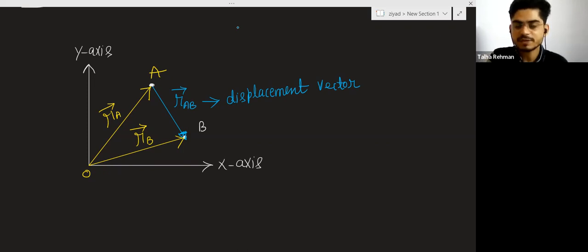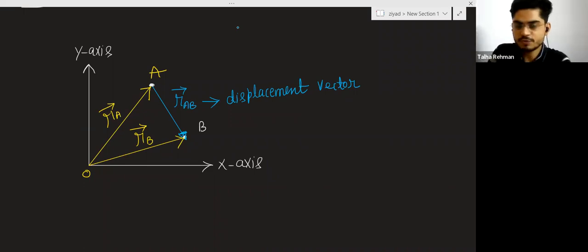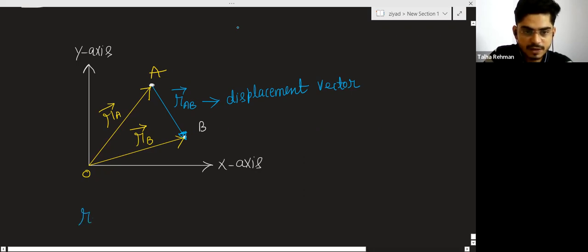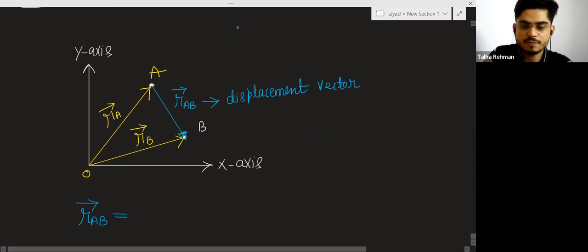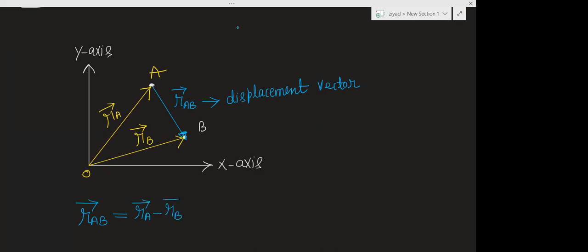So the displacement vector is what you get if you are moving from one position to another position. And one thing more I want to write about the displacement vector. This displacement vector RAB can be written in terms of RA minus RB, RA vector minus RB vector.